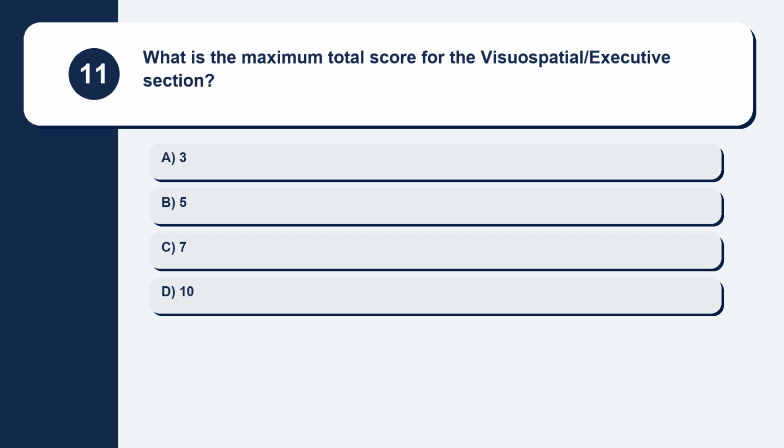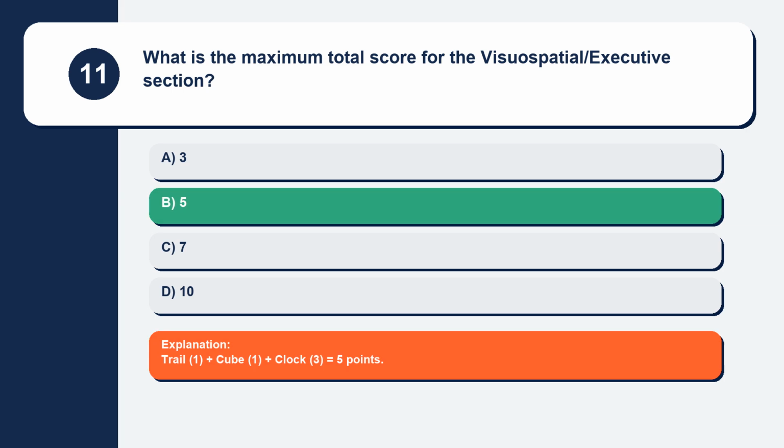Question 11. What is the maximum total score for the Visuospatial/Executive section? 3, 5, 7, 10. Trail 1, plus cube 1, plus clock 3, equals 5 points.